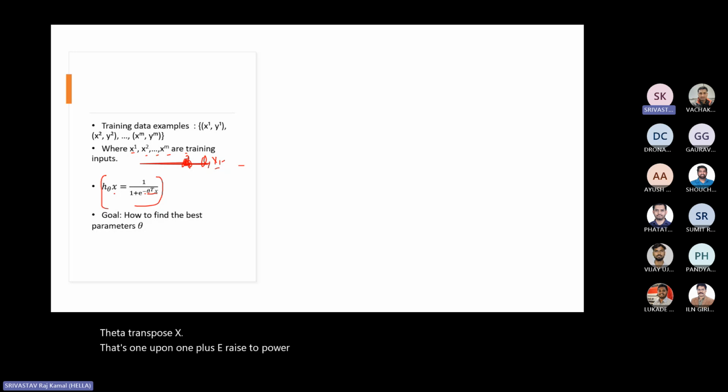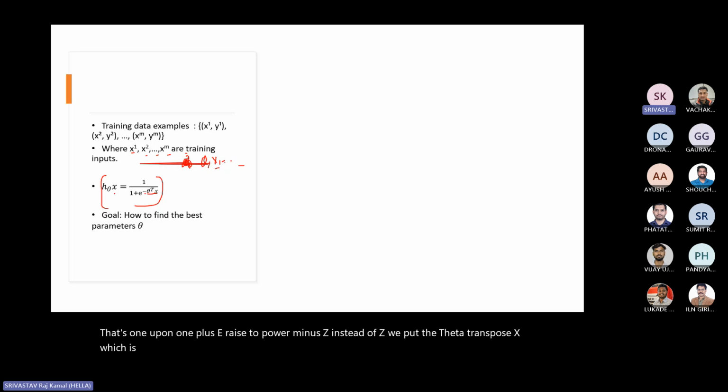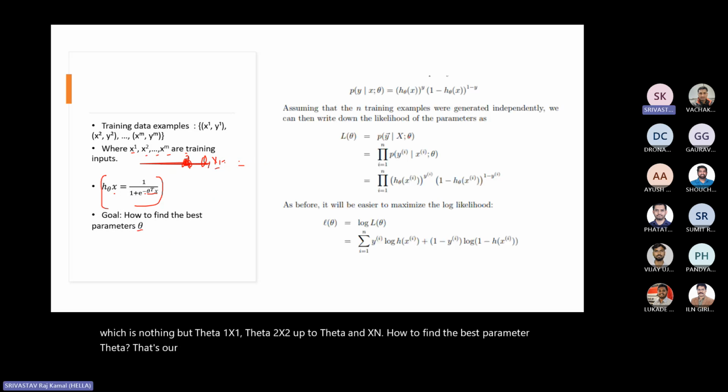Instead of z, we put theta transpose x, which is nothing but theta 1 x1, theta 2 x2, up to theta n xn. It is a vectorized form of writing that. How to find the best parameter theta? That's our goal, so let's try to understand that here.